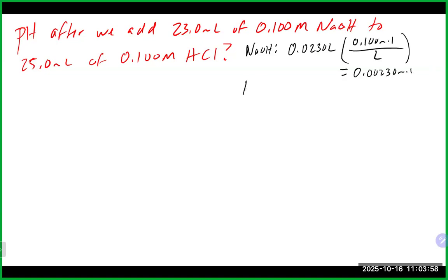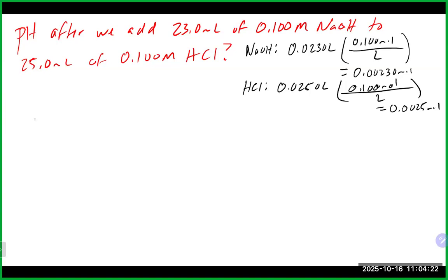Do the same thing here for our HCl: 0.025 liters times our 0.1 moles per liter, about the same thing, 0.0025 moles.